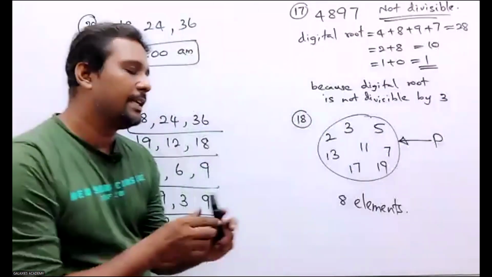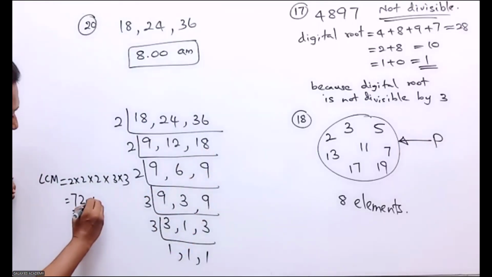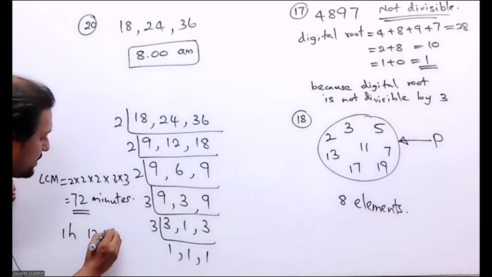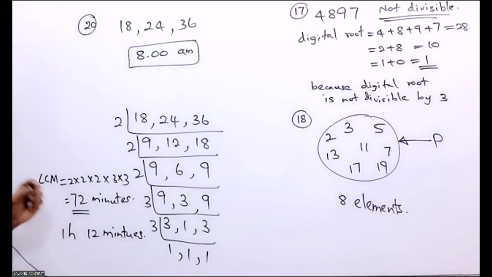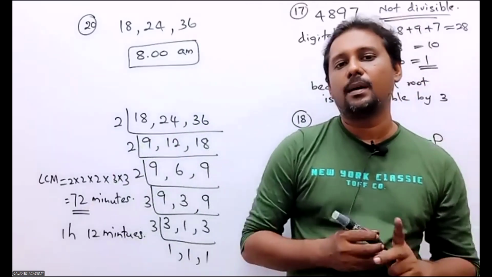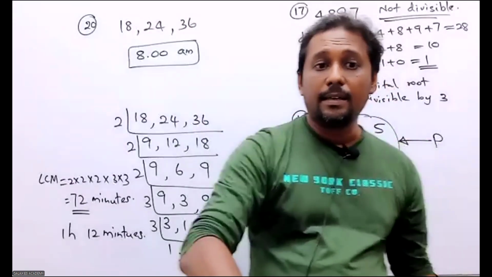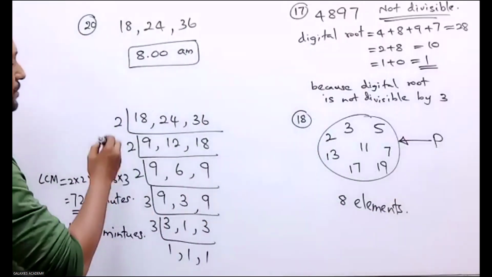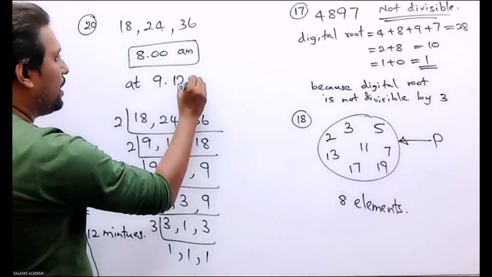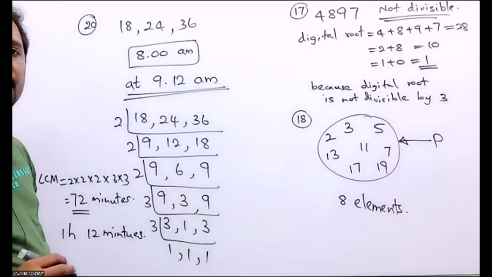Yes, 72 minutes mean 1 hour equal 60 minutes, no? That means 1 hour and 12 minutes. හරි එහෙනම් මේ තුනම එකම පාරට ring වෙනවා හැම පැය 1යි විනාඩි 12කටම පාරක්. එහෙනම් next time at which time they will ring? At 9:12 a.m. Okay, this is the finding method.